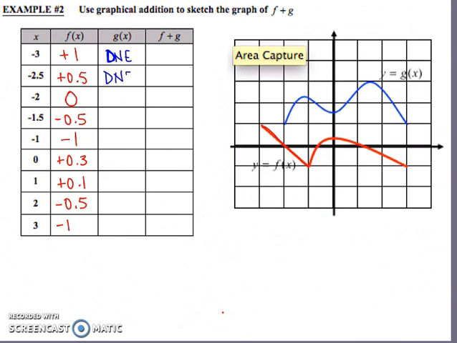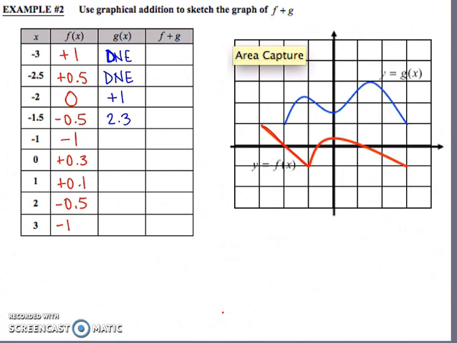The same thing here when x is -2.5, that blue function doesn't live there. The blue function really doesn't start until x is -2, and then the blue function has a value of +1. And then I can continue on from there. When x is -1.5, the blue function's at about 2.3.